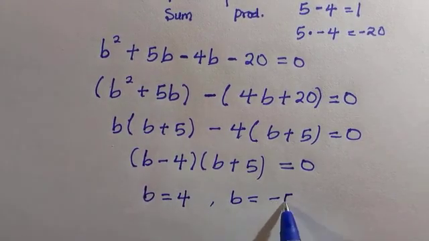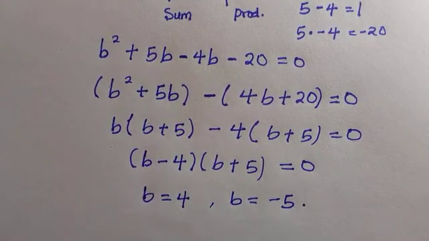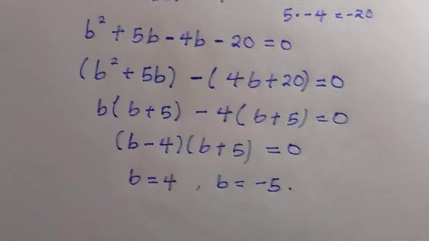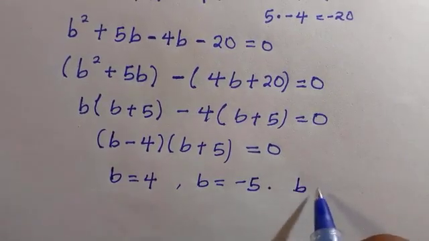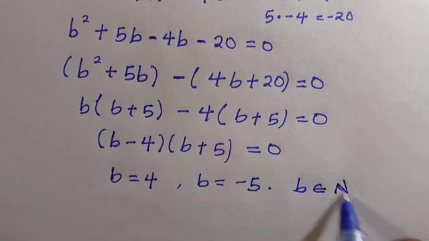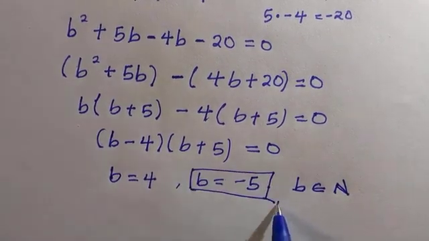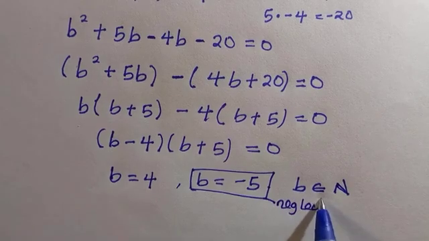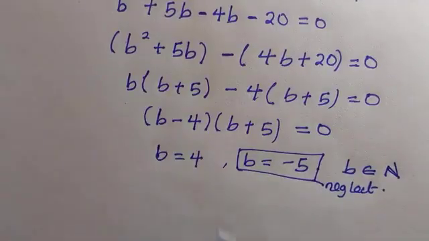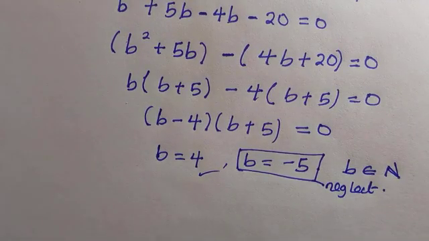But which option are we going to choose? From the condition that a and b are members of the natural numbers, b is a member of the natural numbers, right? So negative 5 is not a member of the natural numbers, and we neglect it and go for b equals 4.